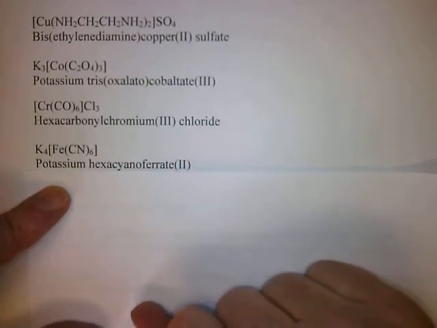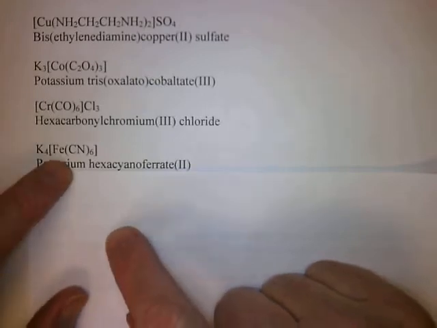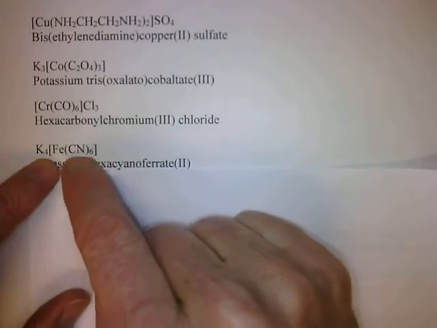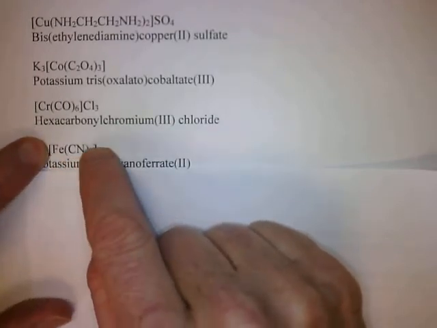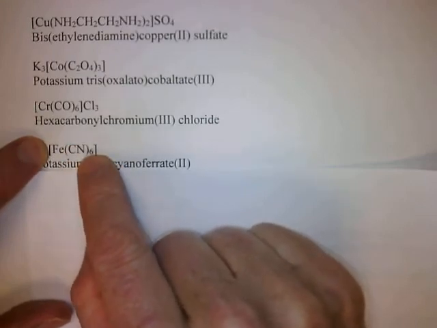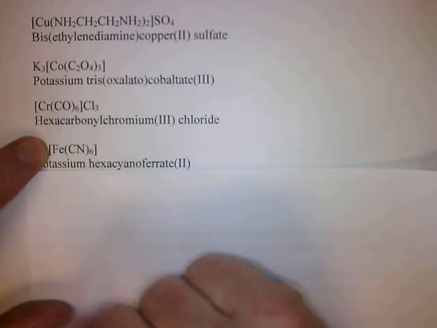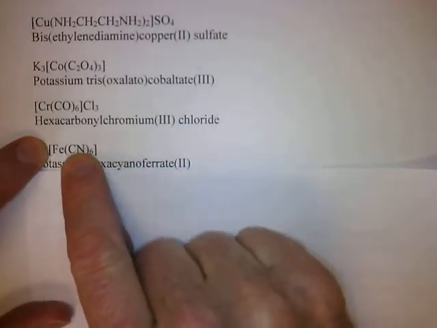Now, one more time, how did I know the oxidation state of the iron was +2? You got to know your polyatomic ions, correct? Now, if you got 4 potassium sitting out here, that means the complex ion is a -4, right? So if we take away the potassium, this thing is -4. So what's the charge on a cyanide? This is why you have to know the charges on the polyatomic ions. Cyanide is a -1.